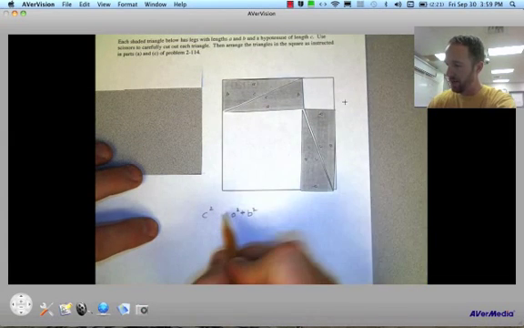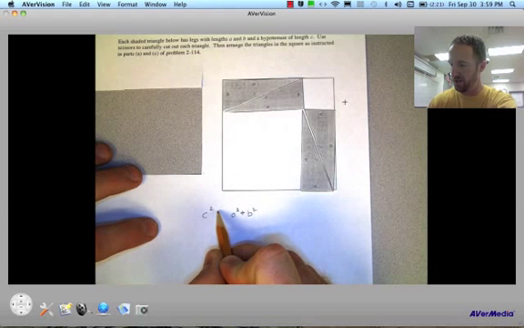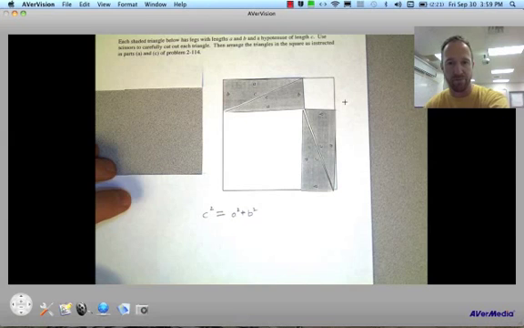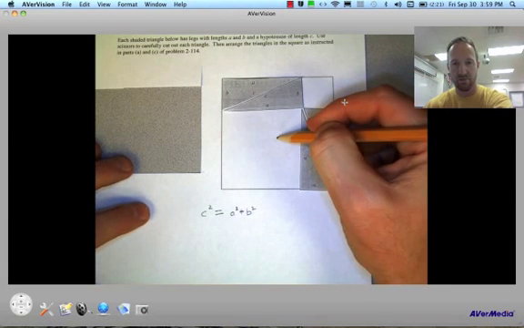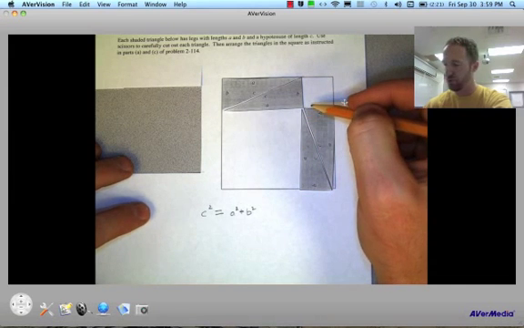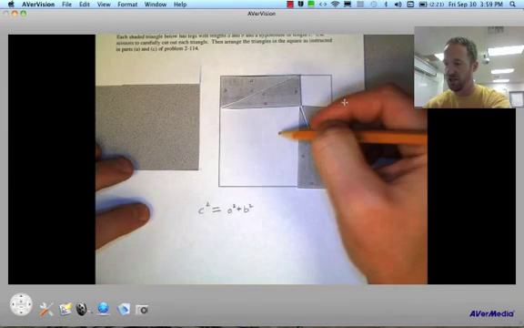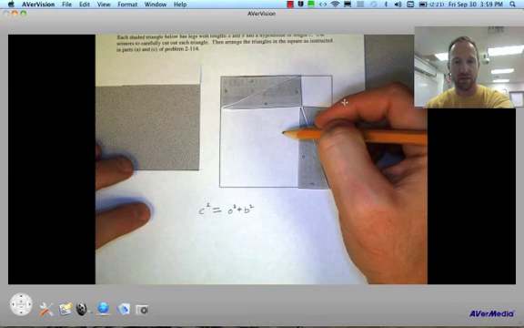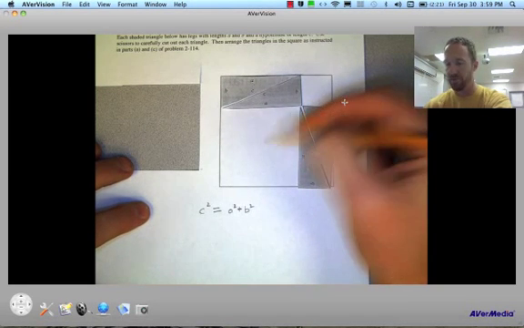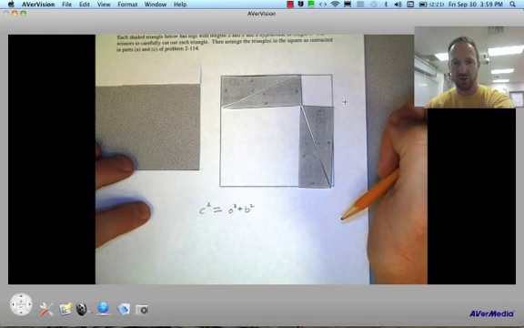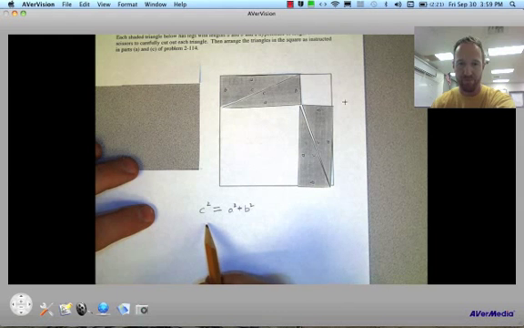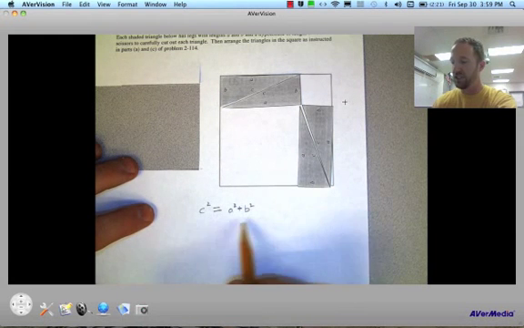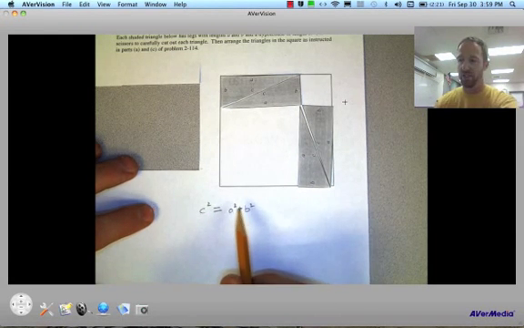So c squared, what we got before for the area of the blank part, has to be the same as what we got here, because rearranging these triangles doesn't change that blank area, where it's just the white. It's not the triangles. So those have to be the same. And this equation, this formula, is called the Pythagorean theorem. And this is going to give us an easier way to find a missing side in a right triangle.